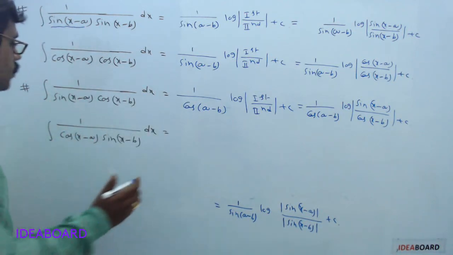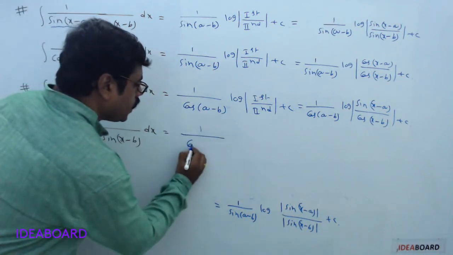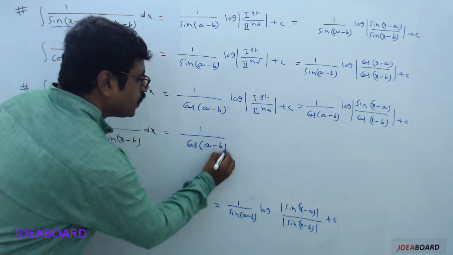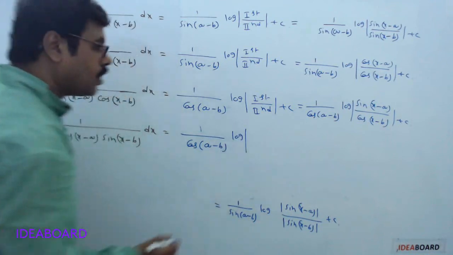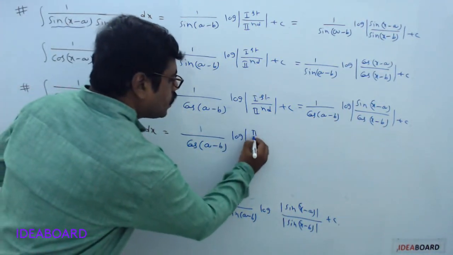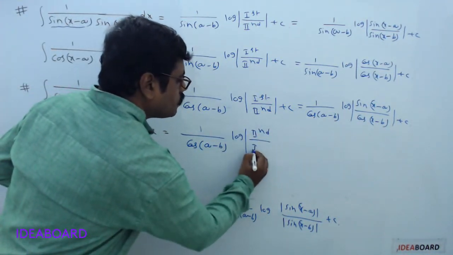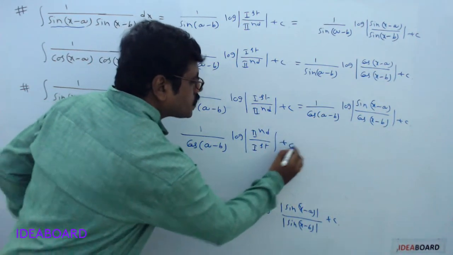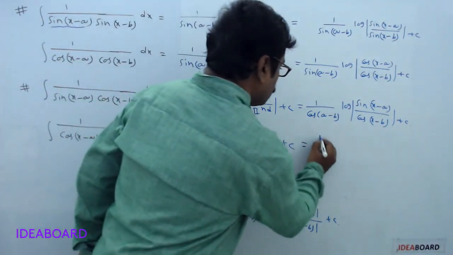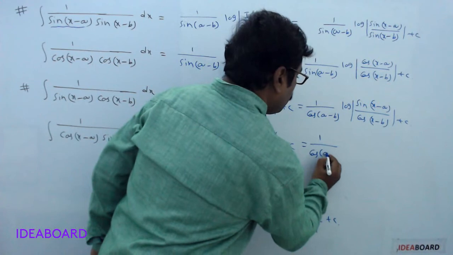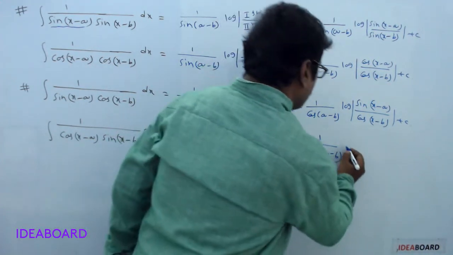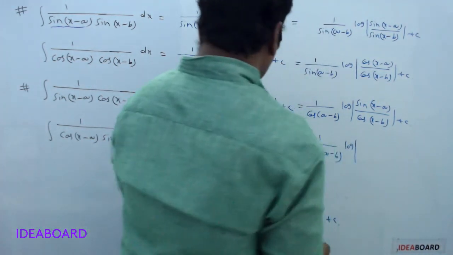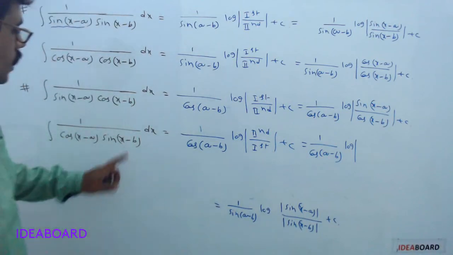Now come to the shortcut formula. 1 divided by cos of a minus b into log mod, here second term divided by first term, plus constant c. Now what is the second term?